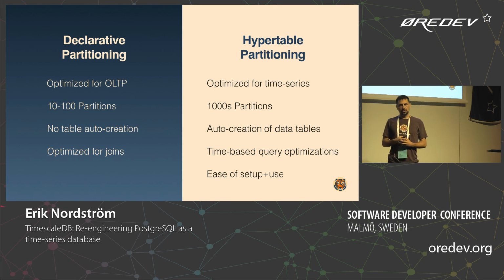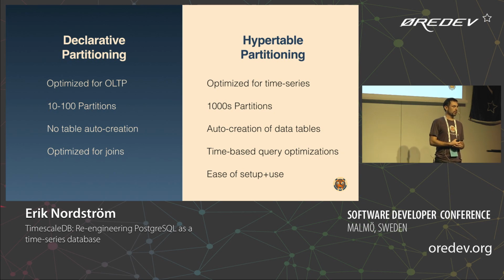In hypertable partitioning, however, we're optimized for time series and the workload I've been describing in the beginning of the talk. And we support thousands of partitions because that's what you need if you're dealing with this type of data, because you're moving forward in time and creating new partitions all the time. So you also need auto creation, which we're doing.